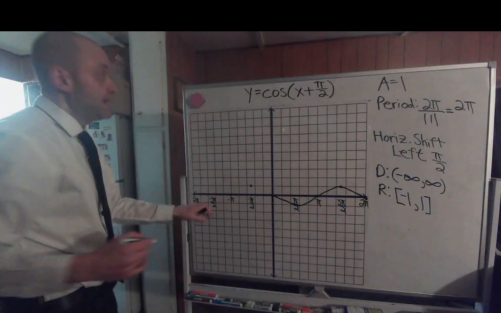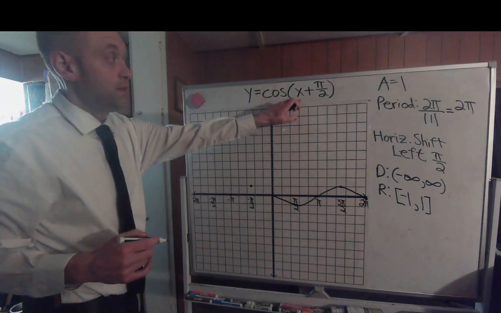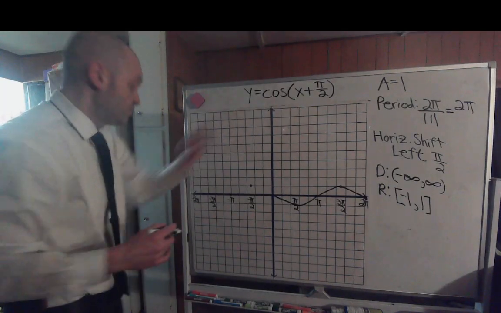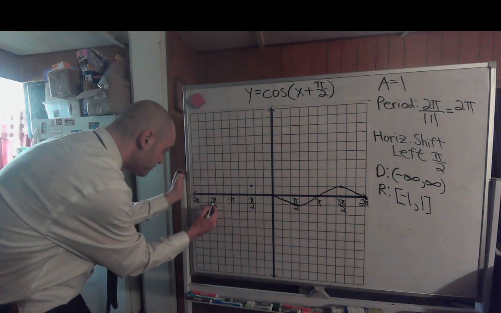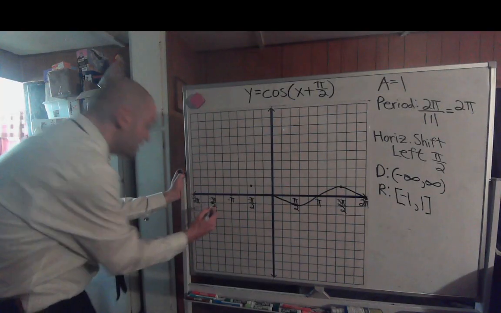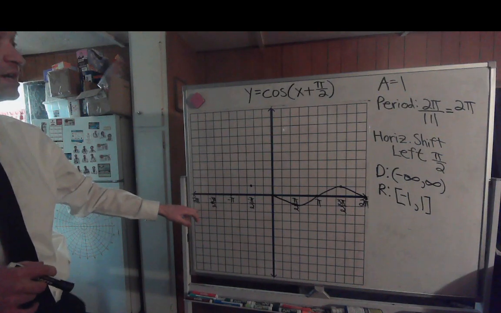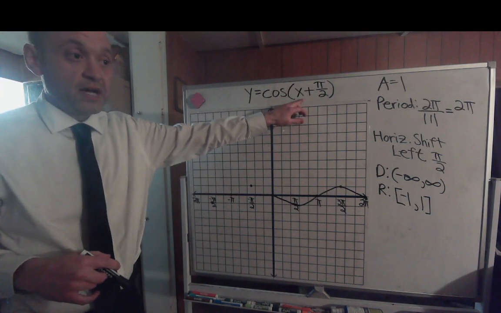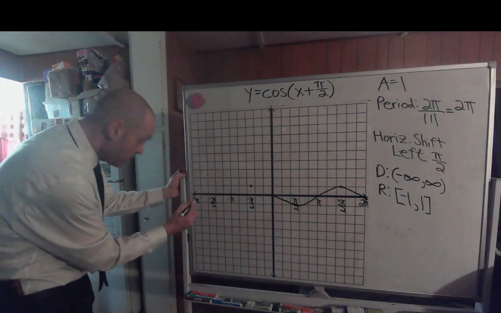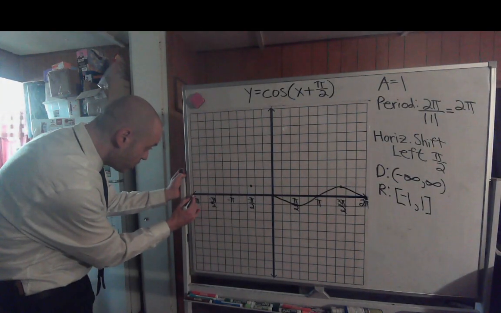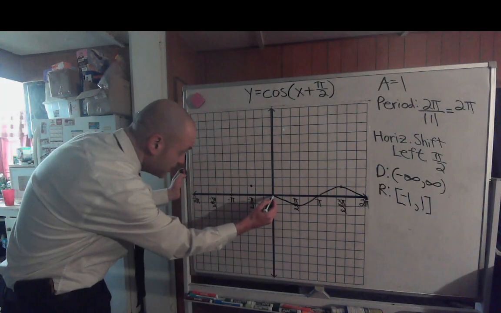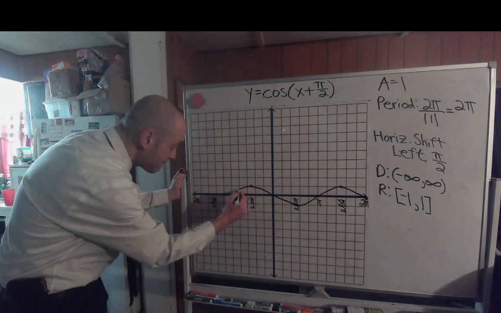And if I put in -3 pi over 2, that would become like the cosine of -pi, which would be -1. If I put in -2 pi, that would become like the cosine of -3 pi over 2, which would be 0. So let's now draw the left branch of this.